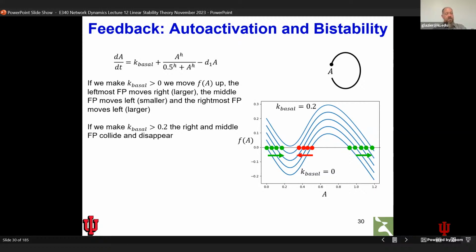And so the distance between the small stable fixed point and the unstable fixed point gets smaller as I increase k-Basal, and the distance between the unstable fixed point and the larger stable fixed point goes up as I increase k-Basal. So I've got this sigmoidal curve, I'm just sliding it up and down and asking, where are the crossings with the 0 line?